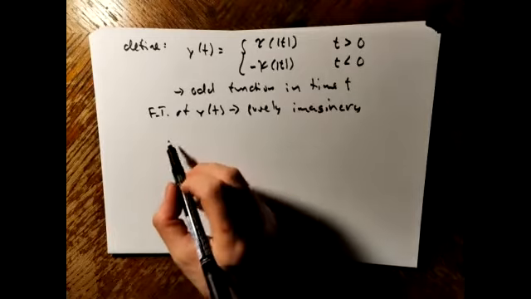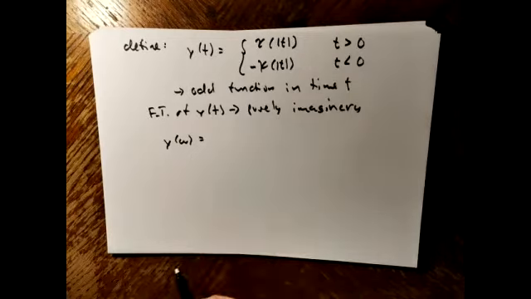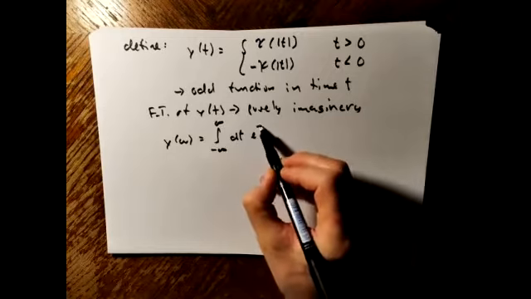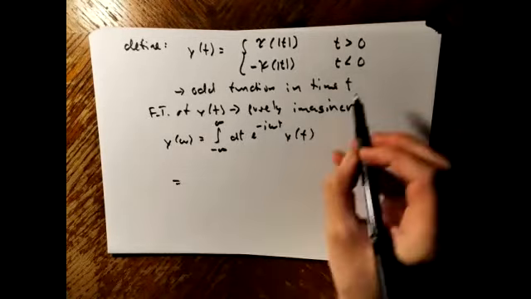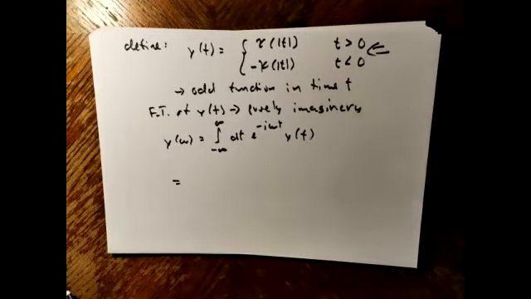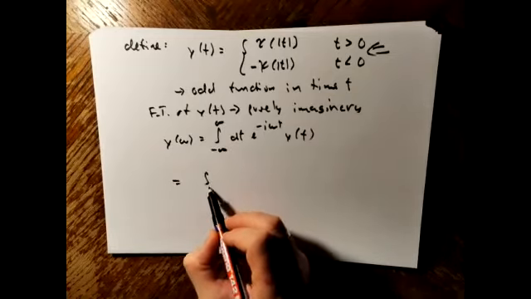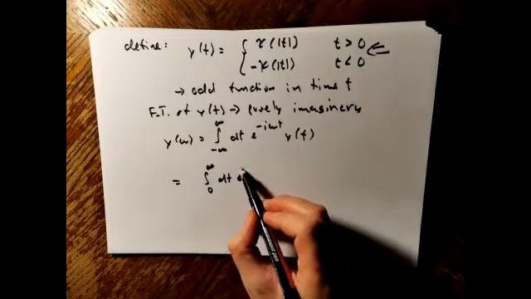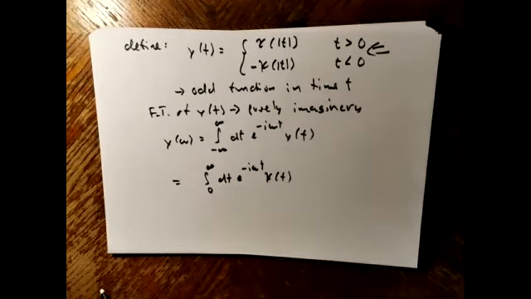Let us see that for ourselves. Basically, I want to Fourier transform y to get y of omega. I'm going to, of course, use the formula integral dt e to the minus i omega t, y of t. But via this definition up here, I can break it into two pieces. I can say integral from 0 to infinity dt e to the minus i omega t chi of t.